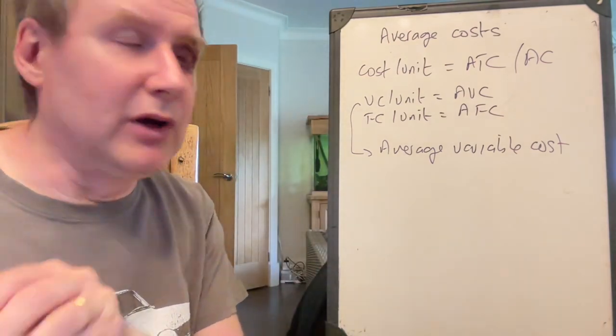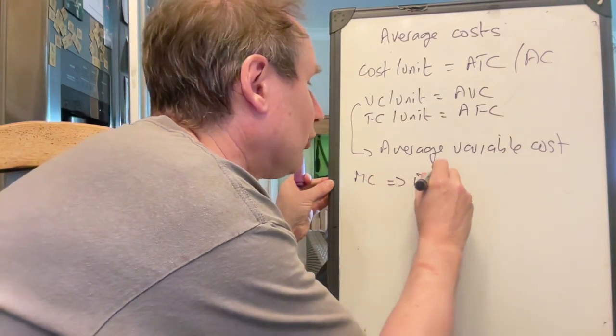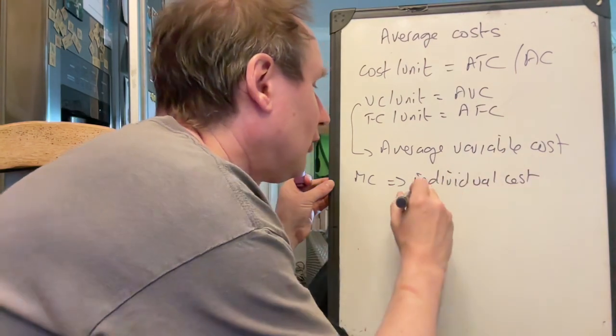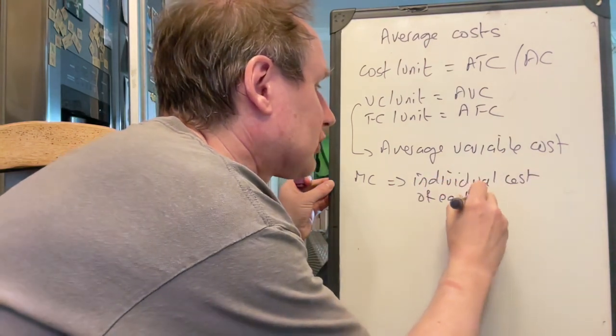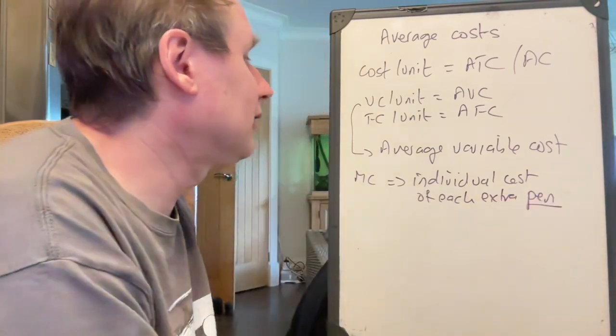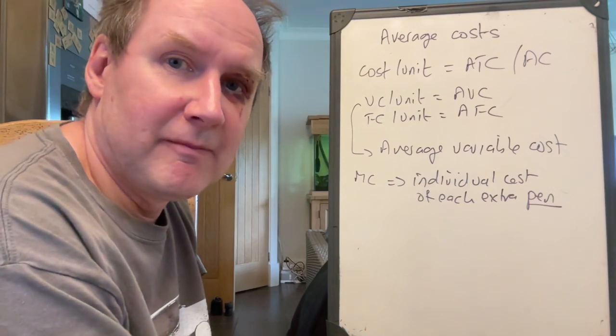So the marginal cost shows the individual cost of each extra. Let's take pens as our example. The marginal cost shows the individual cost of each extra pen.